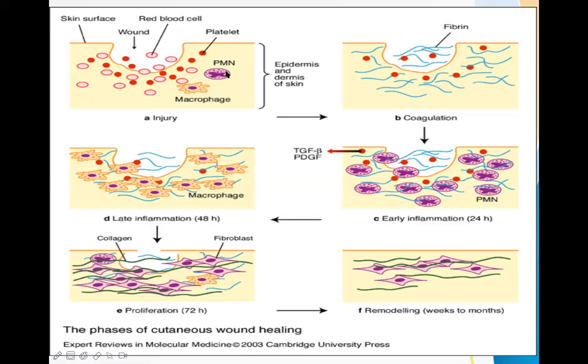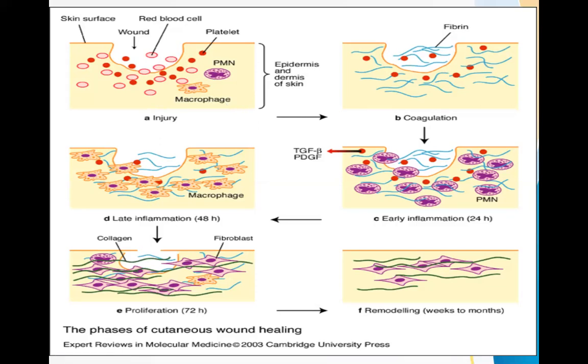Okay. There is a neutrophil present on the tissue. Inside the blood vessels, actually, the PMN are present, and macrophages are present in the tissues. If macrophages are present inside the blood vessel, they have a separate name.